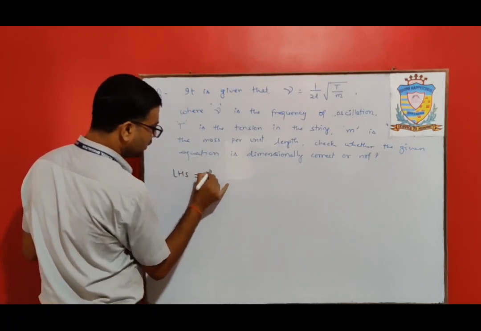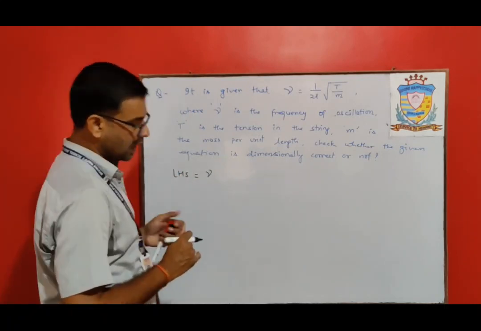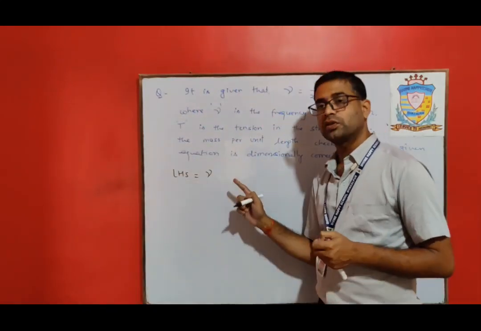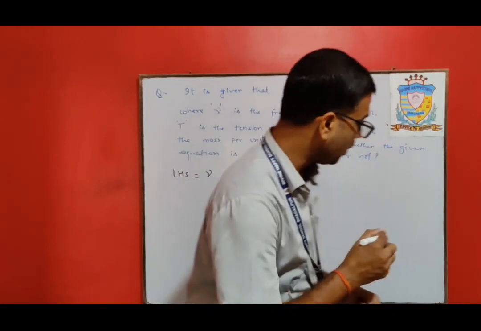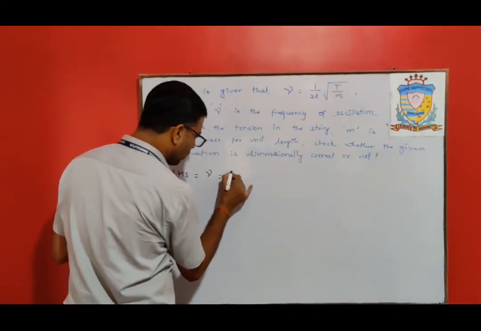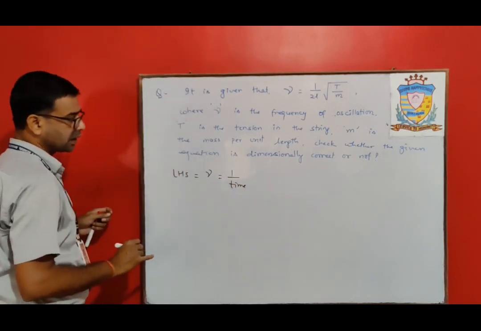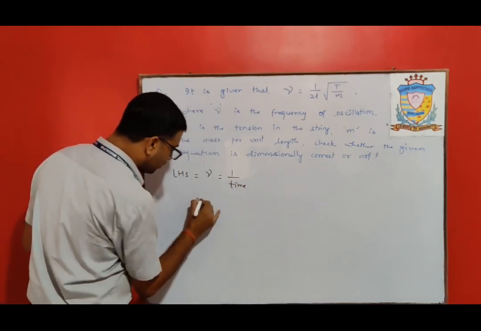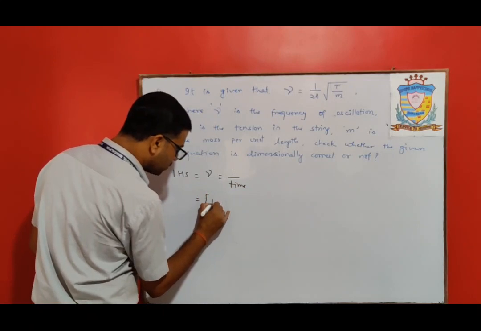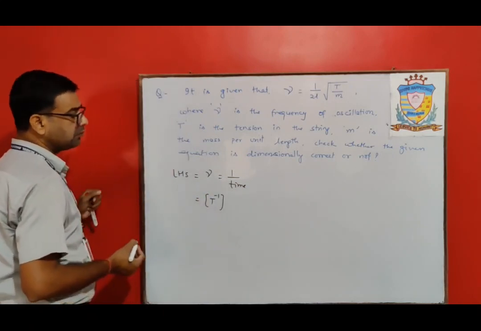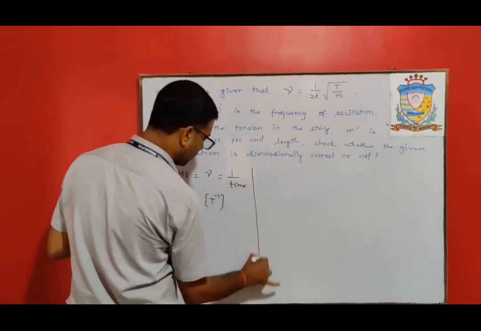Nu is the frequency, and we know that frequency is the number of oscillations per second, or nu can be written as 1 upon time period or 1 upon time. So the dimensional formula for nu will be T minus 1. Move this time upward, so this will become T minus 1. Clear?